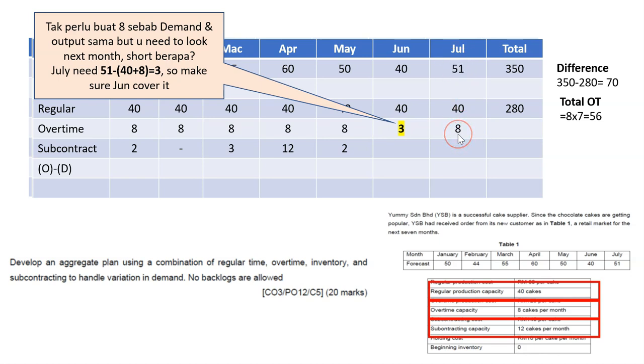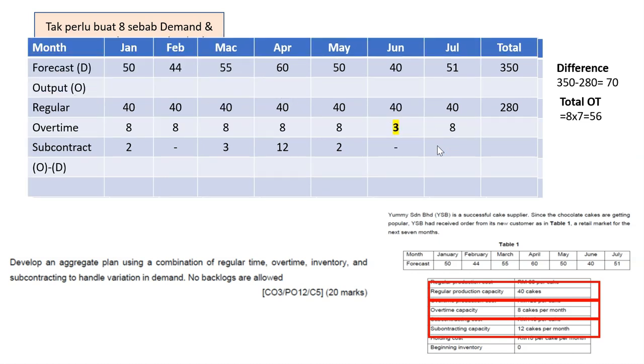So we can make the 3 here from the overtime, rather than use subcon. We can use this overtime to make it earlier, so we set this 3 to fulfill the demand later on. So we decide to have 3, and we have no subcon for June and July.